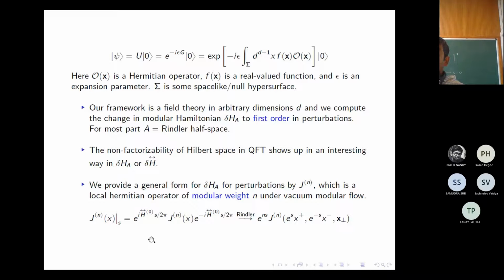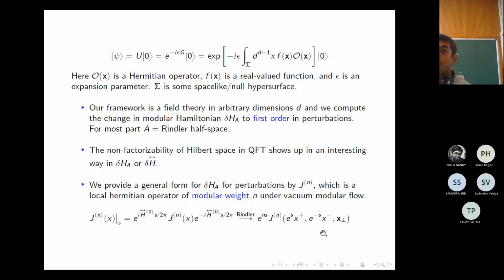When this operator Jn, or in this case O, transforms under modular flow, this middle line here, then if it has modular weight n, for a Rindler subregion, where the modular Hamiltonian corresponds to the Rindler subregion, it transforms in this fashion.